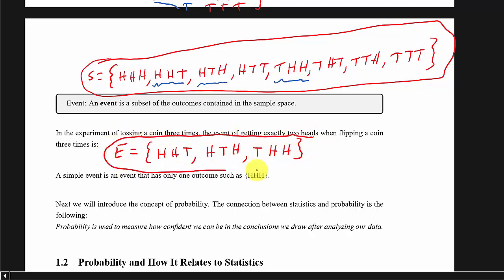So there's my event of getting exactly 2 heads. And then a simple event is an event that has only one outcome. Here's an example. What would the event be of getting all heads? Well, it's just this one right here. It just has one outcome. And so that would be considered a simple event.